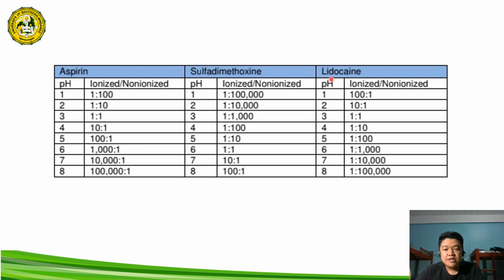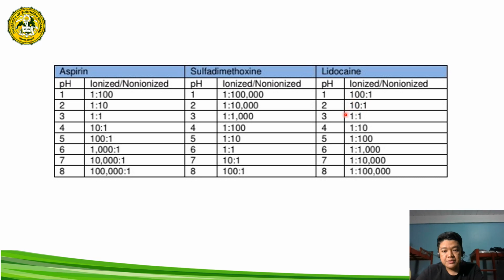For basic drugs such as lidocaine, as you can see here, the pKa of lidocaine is at a pH of 3. When we decrease the pH, the ionized form of the drug will predominate. As you can see here, from 3 to 2, the ratio of ionized form becomes 10 to 1, meaning that there are 10 ionized forms for every unionized form of lidocaine.